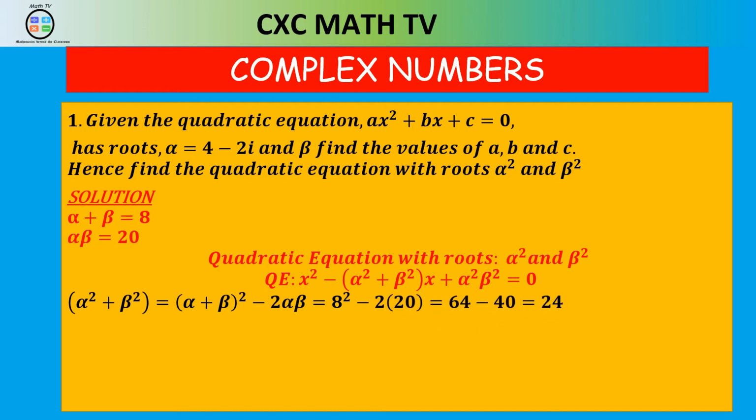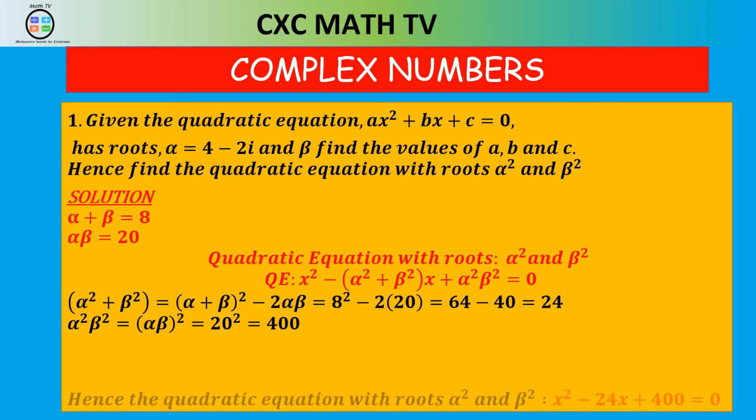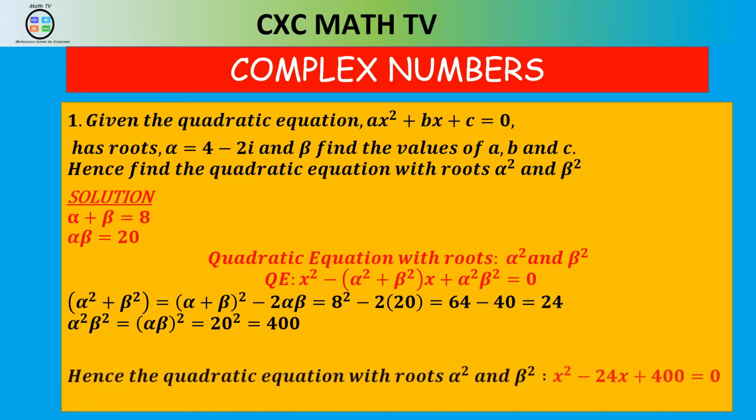Now alpha squared beta squared is just alpha times beta all squared, and 20 squared is just 400. Hence, the quadratic equation with roots alpha squared and beta squared is x squared minus 24x plus 400 equal to 0. Beautiful. So that is question 1.